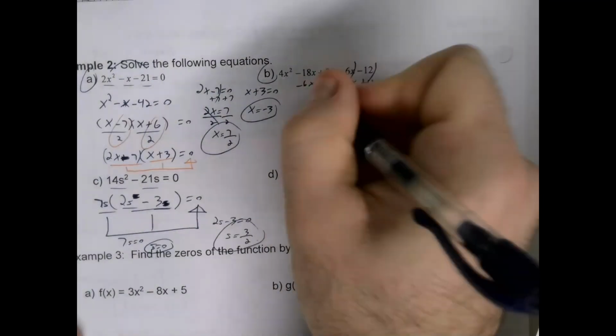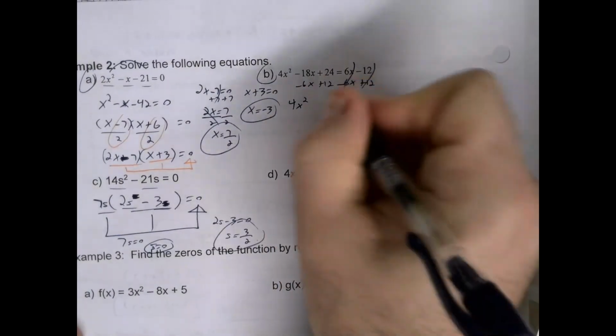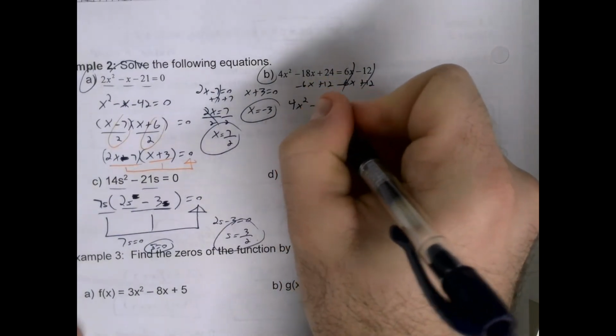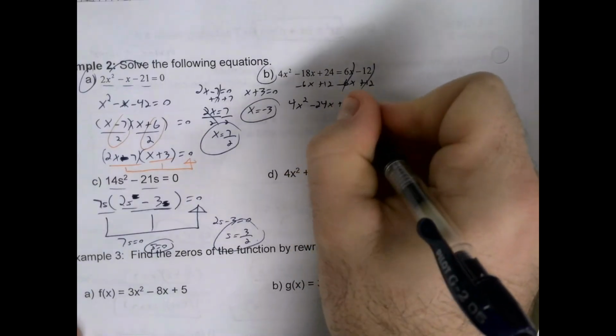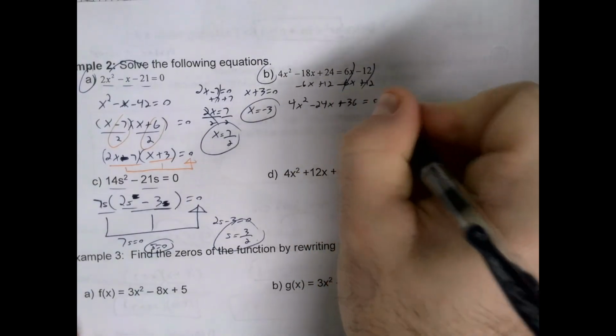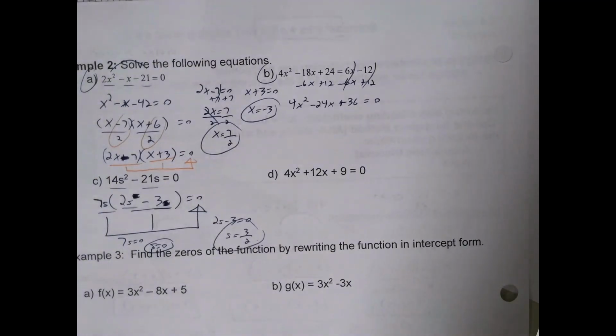So now I have 4x squared on the left, negative 24x on the left, plus 36 on the left, equals 0 on the right. Does everybody see what we just did there? Yeah. See, now we've established a trinomial that we could factor to solve.